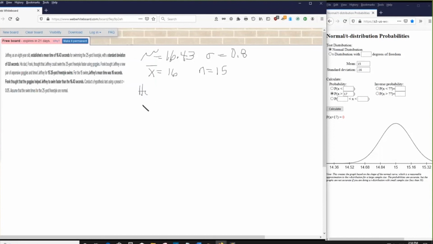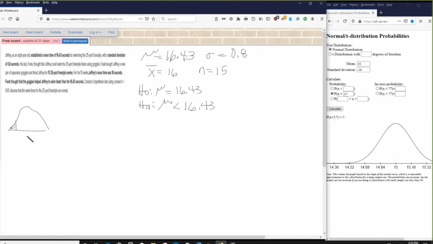So we're going to say our alternative hypothesis is that the mean time is going to be less than 16.43, and that our null hypothesis is going to be that the mean is going to be 16.43. So because it has a less than, then that tells us it's going to be a left-tailed test.